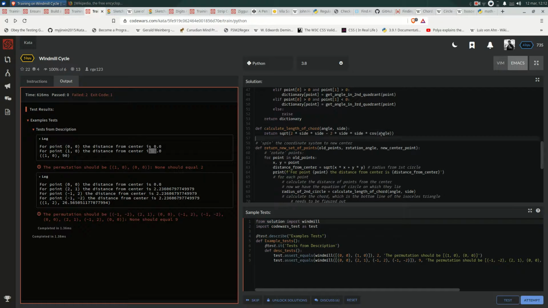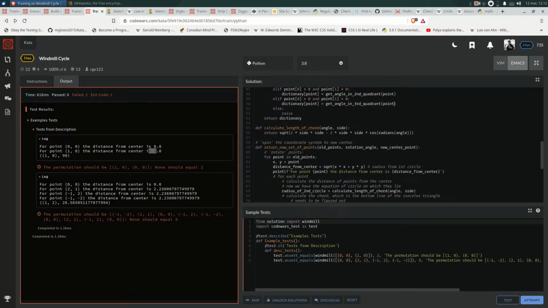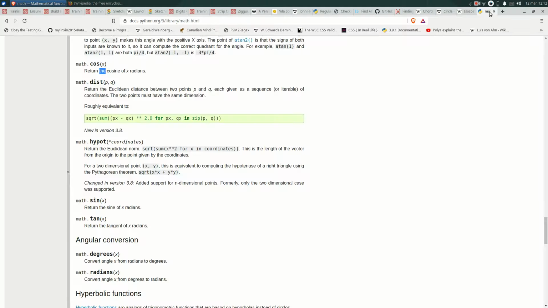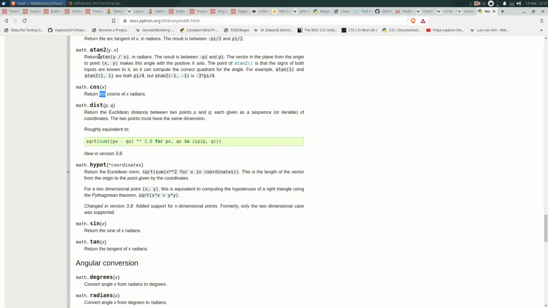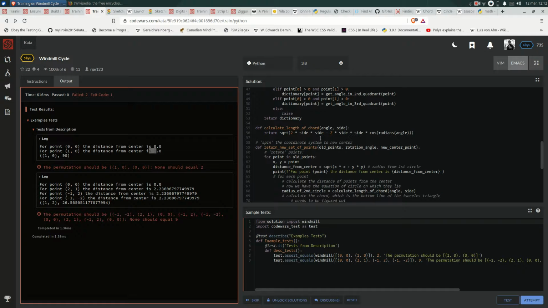So we say cos of angle in radians. Return the cosine of x radians. Radians, cosine of the angle. Is that right? So let's see.